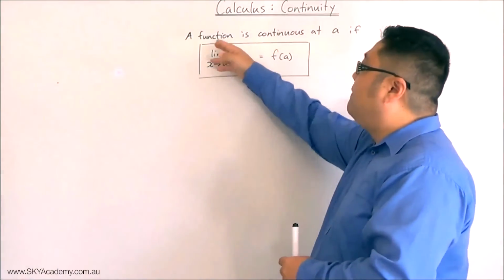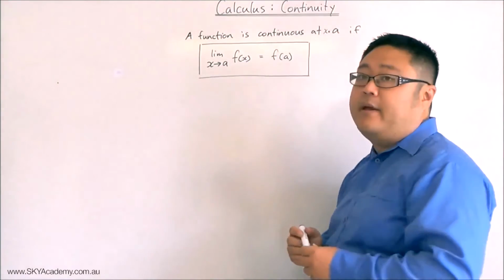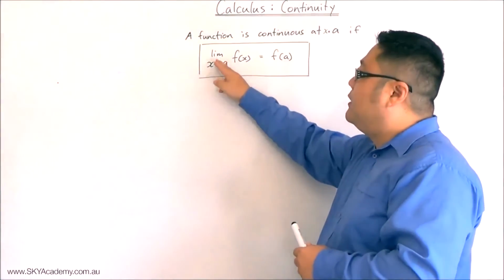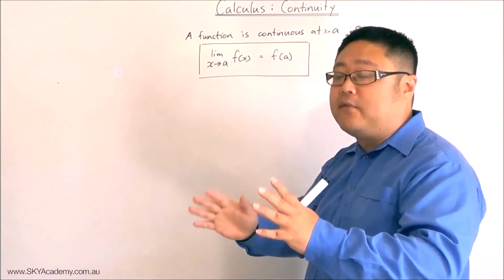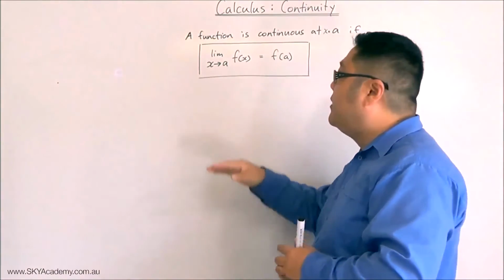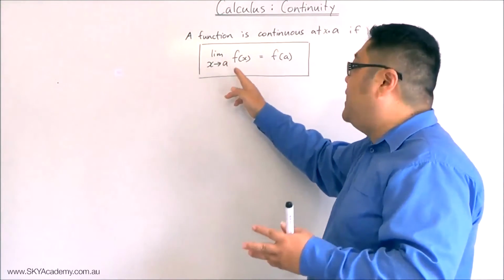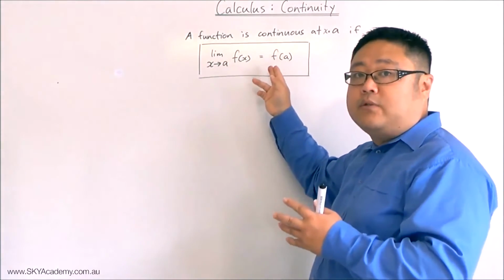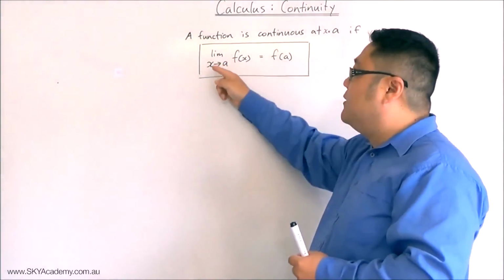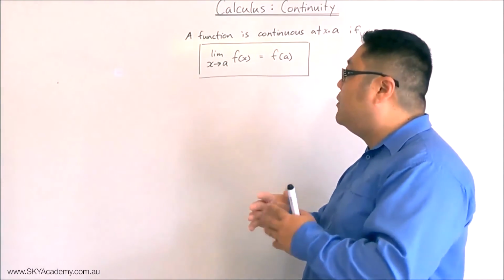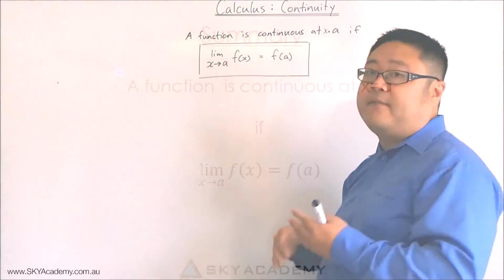A function is continuous at a particular point A, or x equals A, if the limit as x approaches A, either from above or below, or from the left or from the right, actually has a value, and that value is equal to what the function would equal if we substituted x equals A. So in other words, the curve will be continuous if the limit of x approaching A for f(x) is equal to f(A).